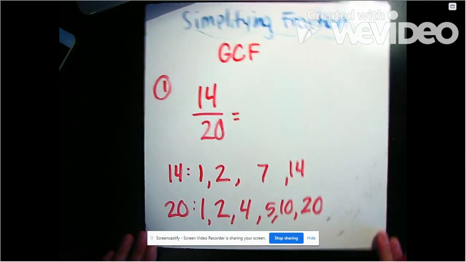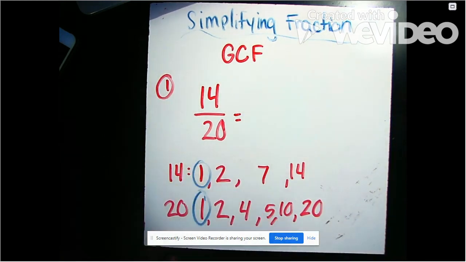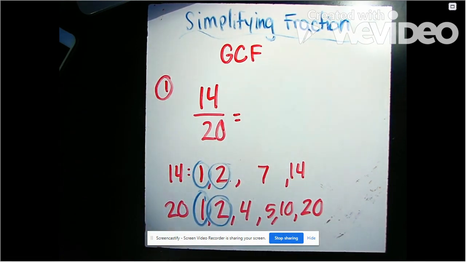Okay, so to simplify fractions by finding the greatest common factor, I need to figure out the largest number they both have in common. So I'm going to circle the numbers that they have in common. They both have 1 in common. They both have 2 in common, and it looks like that's it.